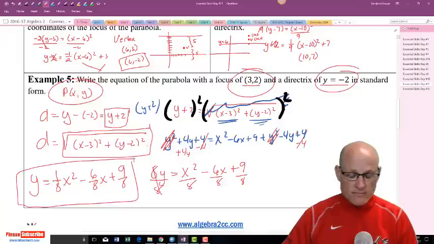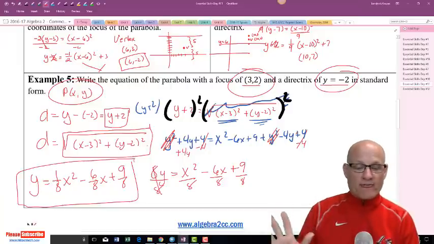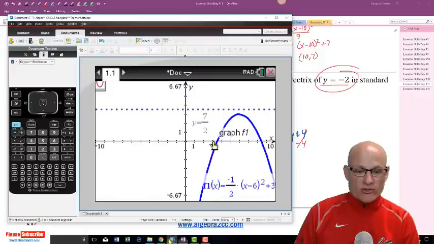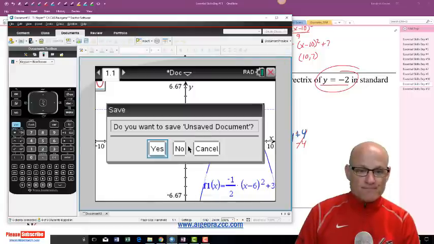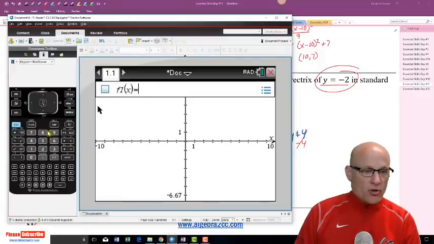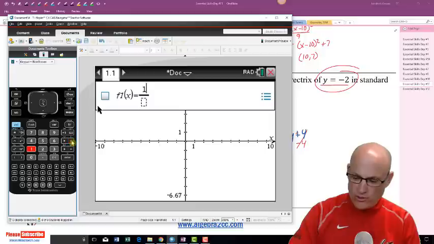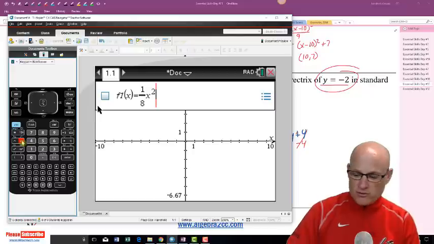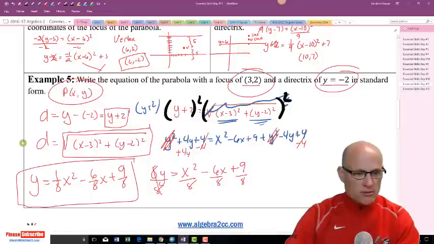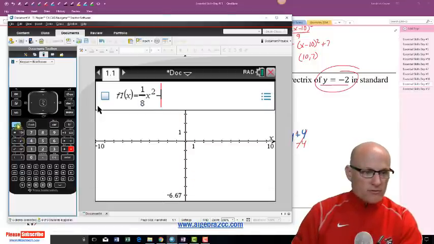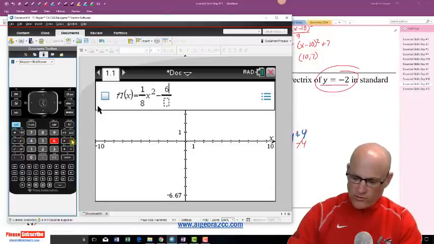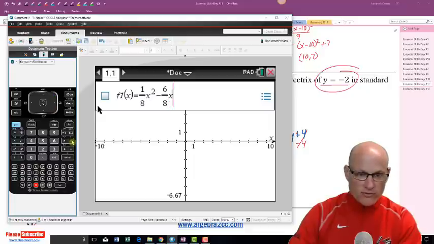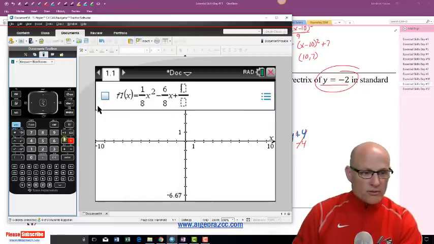Now that looks totally wrong. So I'm going to come over here and just check it. Red X that. Graph. So control division 1 over 8 x squared minus 6 over 8 x plus control division 9 over 8.